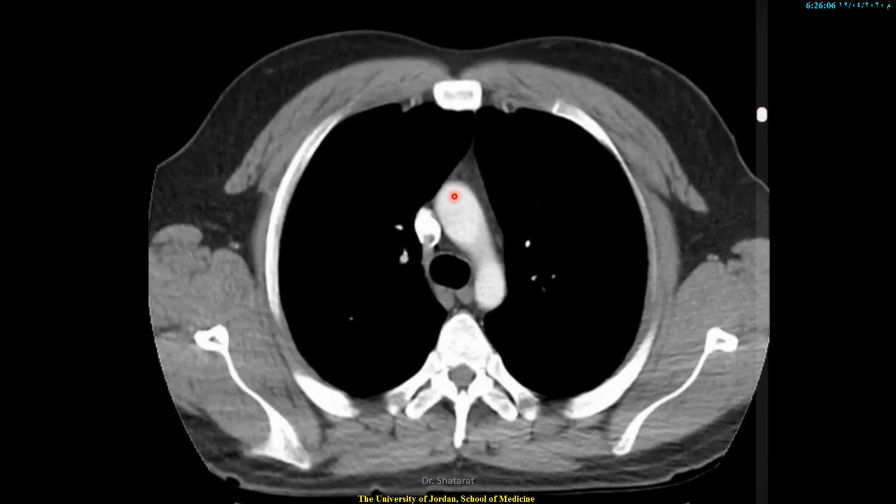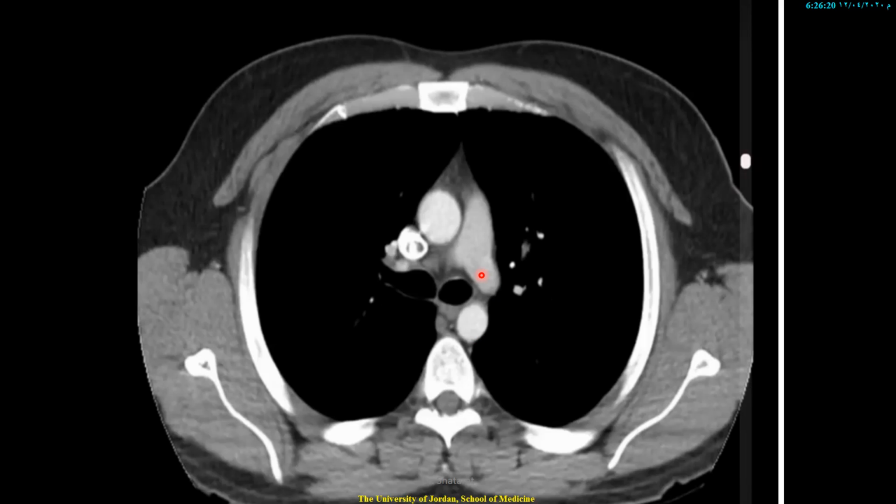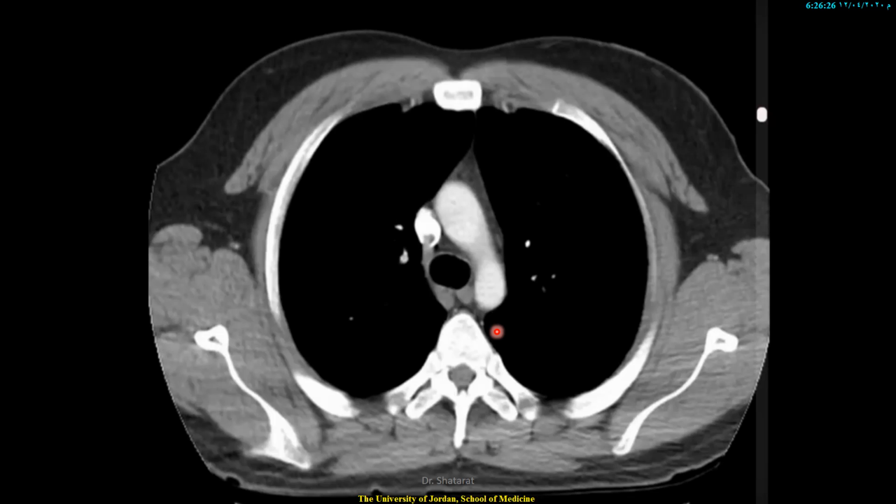Here you go, totally different image. This is the arch of the aorta. Remember that just minutes ago we had here ascending, descending, two circles, and the pulmonary trunk. Now the pulmonary bifurcation and the pulmonary trunk can't be seen.